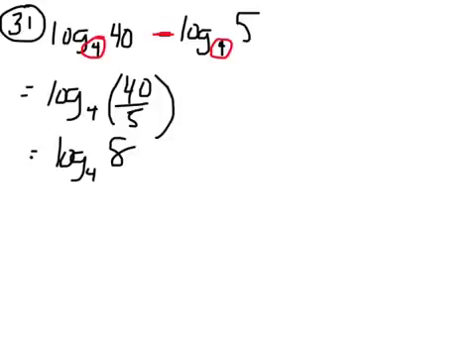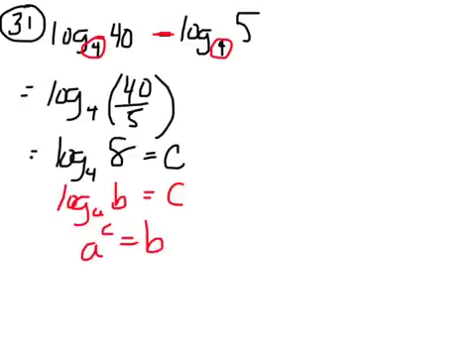So let's do this. Let me put it's equal to some number C. Okay. Because a log is a missing exponent, and if I label this log A, B equals C, I can rewrite it in exponential form A to the C equals B. Okay, so the A is 4, and then C is the missing thing we want to know, and then our B is 8.